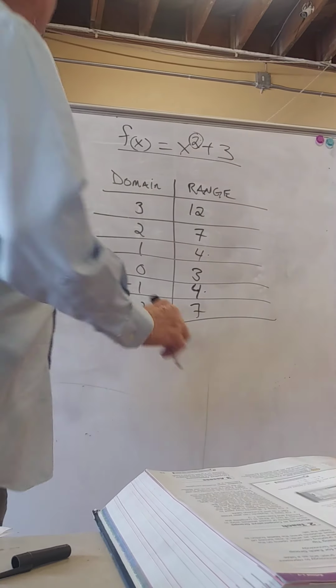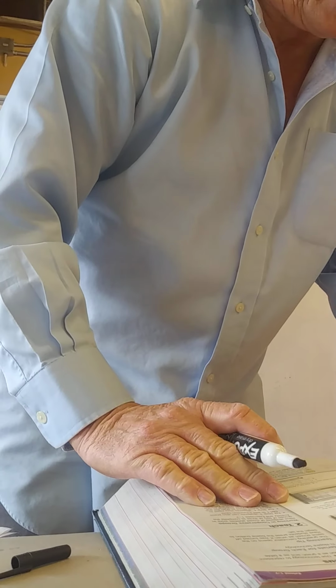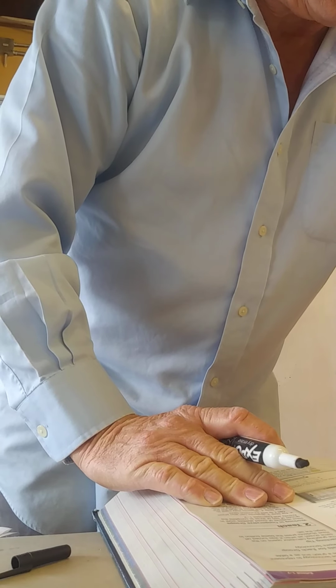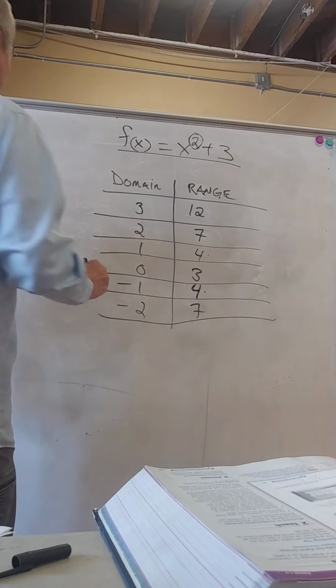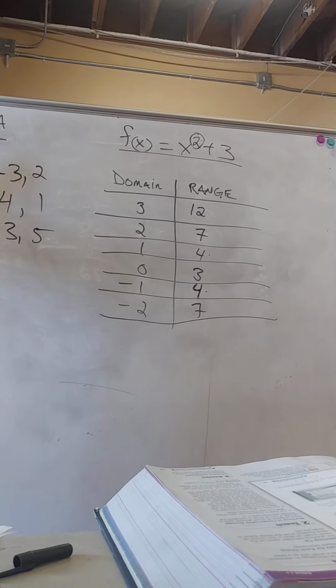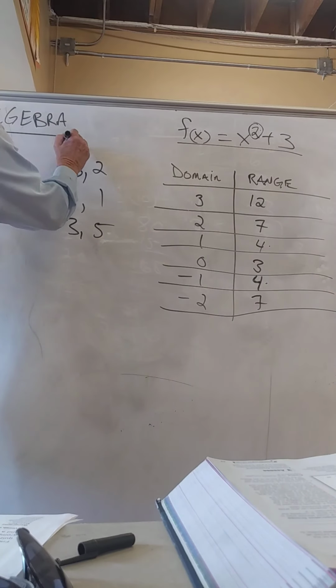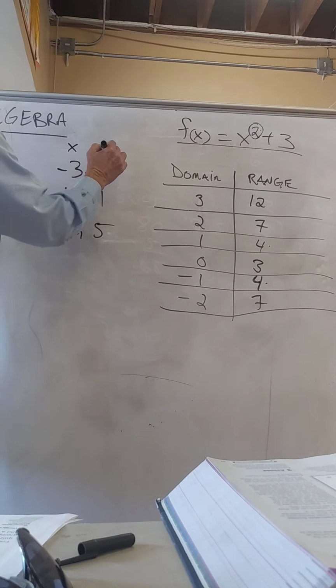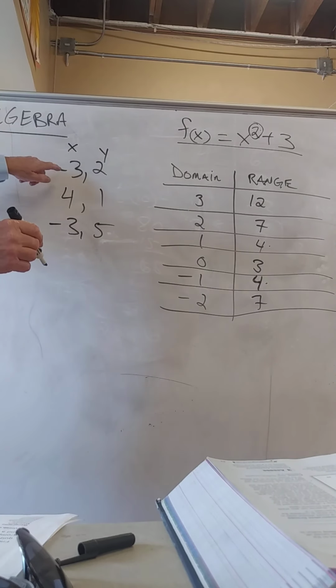You have a 4 and 1. You have a -3 and 5. All right. So, do we have more than one of the same number in our domain? Domain meaning X and the range Y. So when you put them this way, it's always assumed that the first one is X, the second one is Y. That's just the standard way you do it.